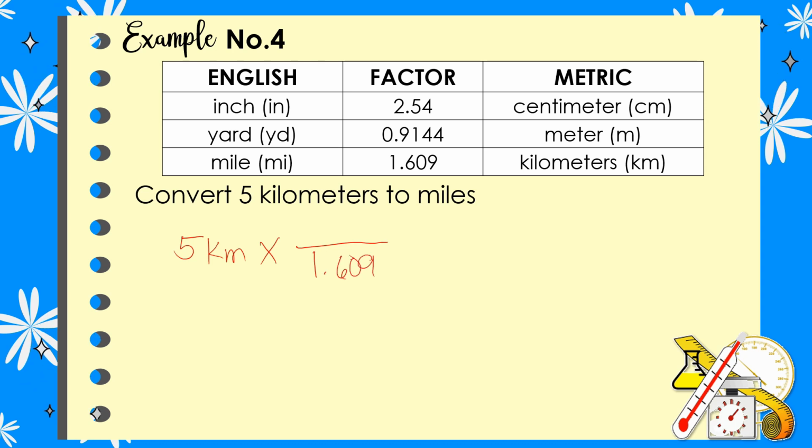So, 1.609 kilometer, 1 mile sa ibabaw. Cancel out natin yung kilometer. So, 5 times 1 divided by 1.609, the answer is 3.1075 miles.